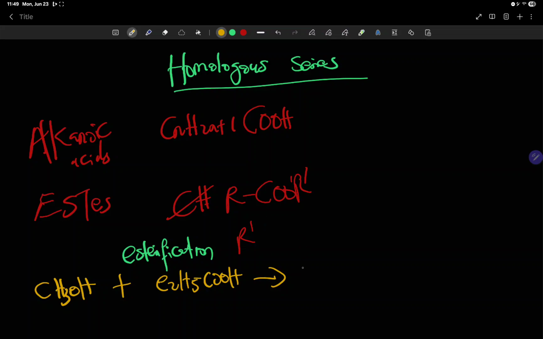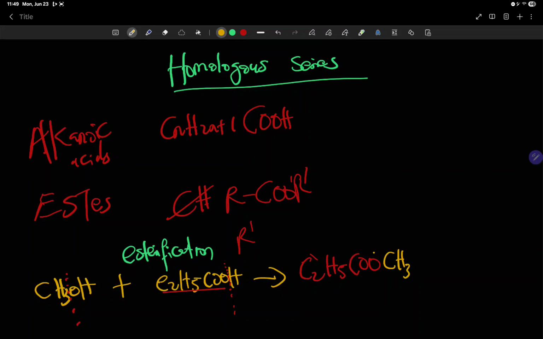So our alkyl group that's attached to the carboxylic acid is which one here? Is this and this. The breakage is going to happen here, so I'm going to be having C2H5COO. Then there's going to be a breakage here, so this guy will be moving here, so I'm going to be having CH3.